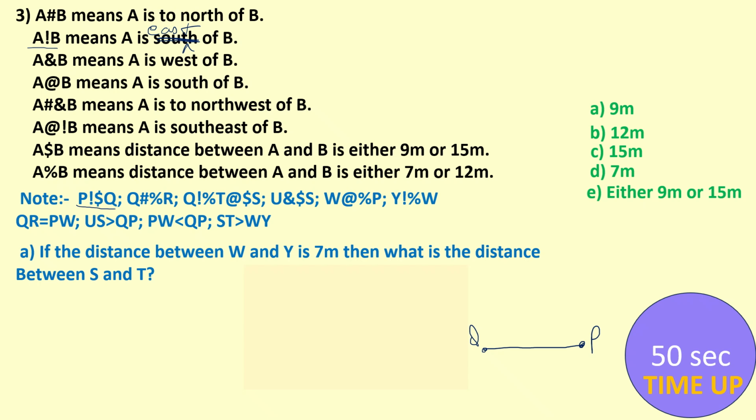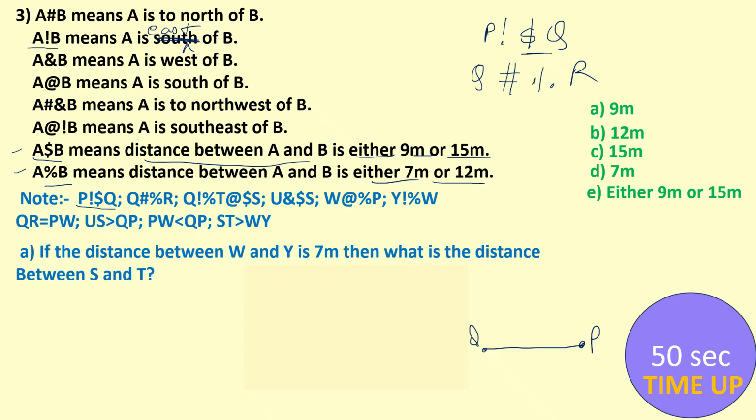Now, as you can see, in the last two lines they have given $ means distance between A and B is either 9 meter or 15 meter, and percentage means it is either 7 meter or 12 meter. And in the expressions you can see explanation $ Q is there, or Q hash percent R is there.